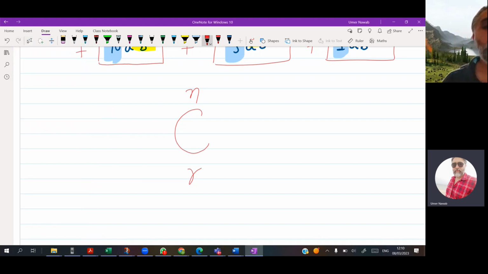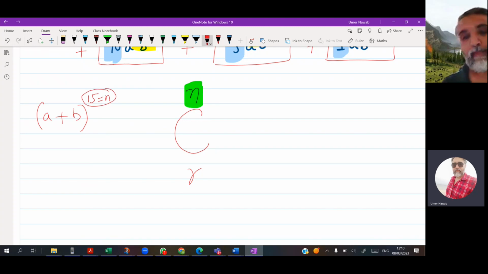So let me explain to you the concept of NCR. N is the total power, which is given before expansion. If I say a plus b raised to the power 15, so this is my N. What is R?